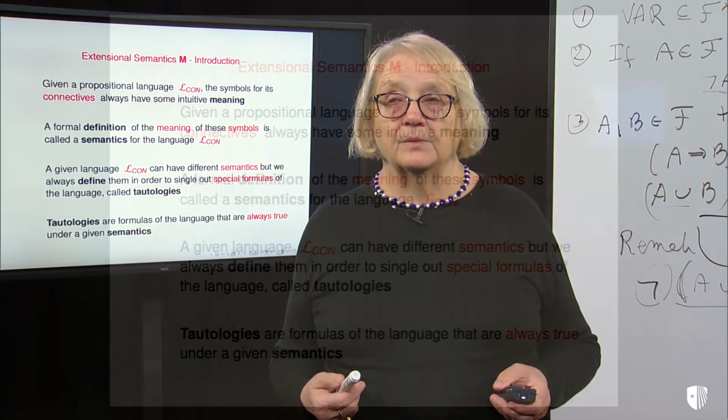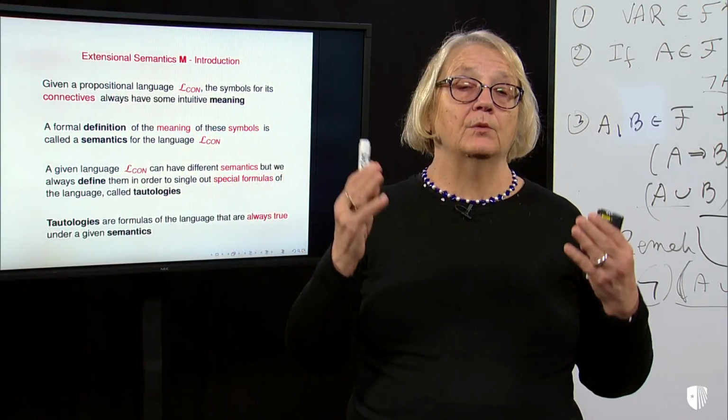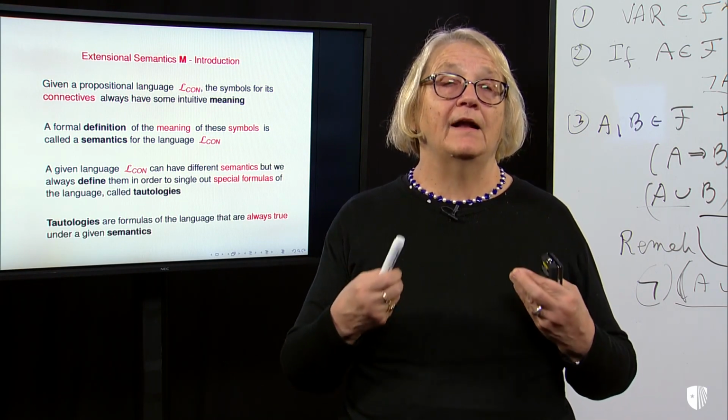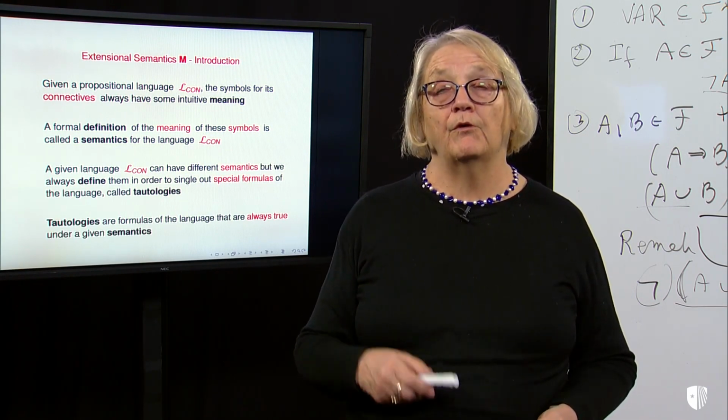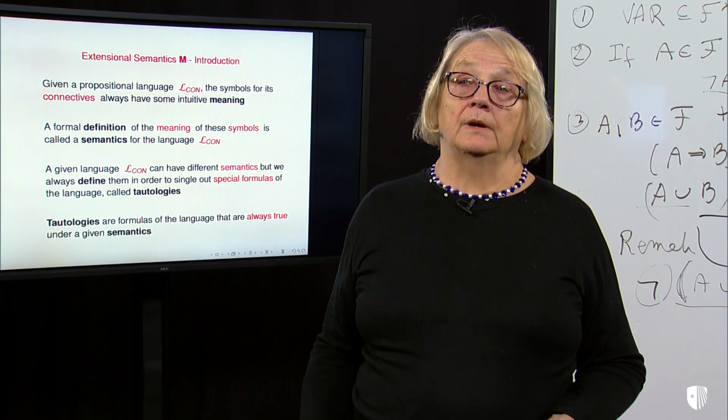So extensional semantics: the logical value assigned to a formula depends only on the connectives. Let's put it like that. It means that the logical value of a formula depends only on the logical values of its parts, on how you build the formulas.